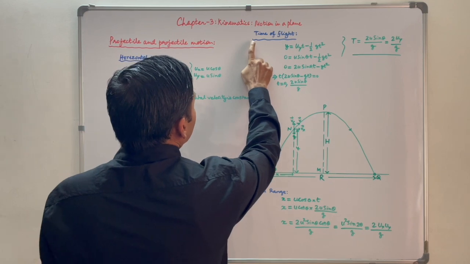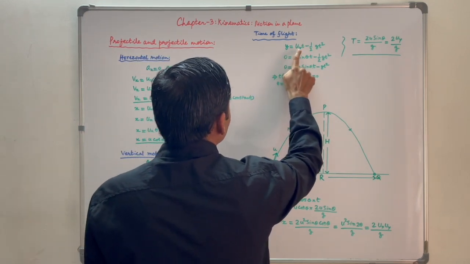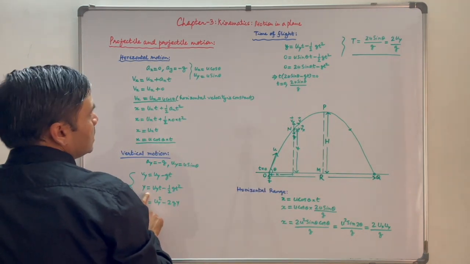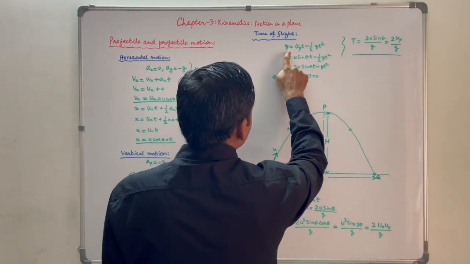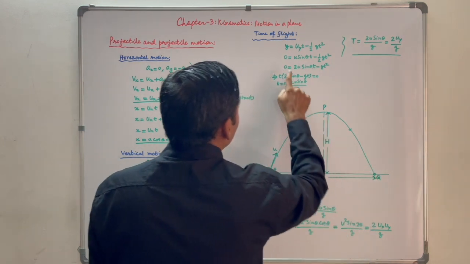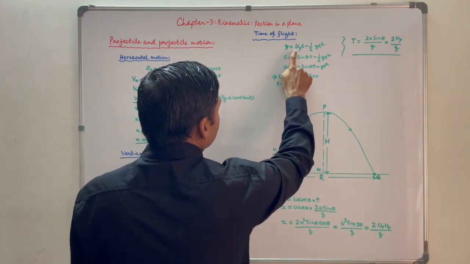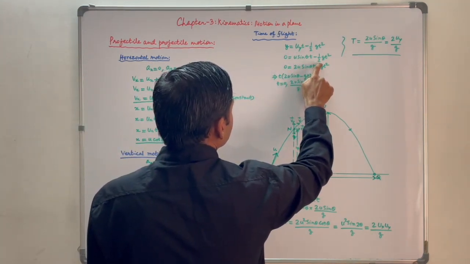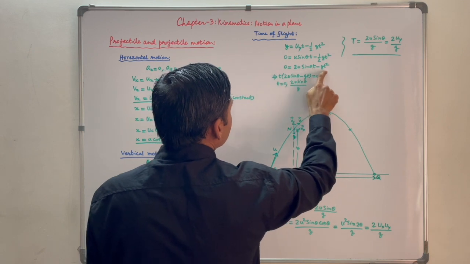Let us calculate the time of flight. Y is equal to uyt minus half gt square as it is written here. Total vertical displacement when the particle reaches the same level, y is equal to 0. Uy is u sin theta. So u sin theta t minus half gt square equal to 0. This gives a quadratic in t.